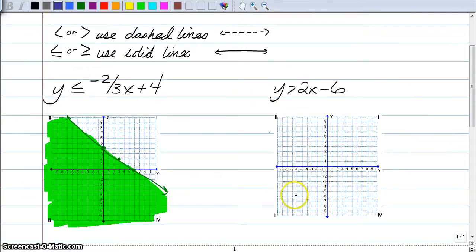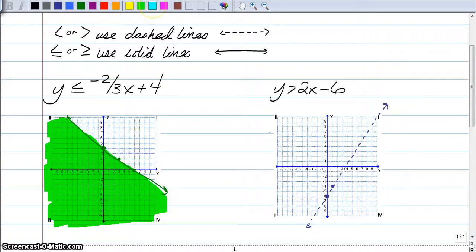So this says y is greater than 2x minus 6. So we're going to start at our minus 6. We're going to go up 2 over 1. And this one is a dashed line because it is a greater than. It does not include anything on that line. So this one says y is greater than.